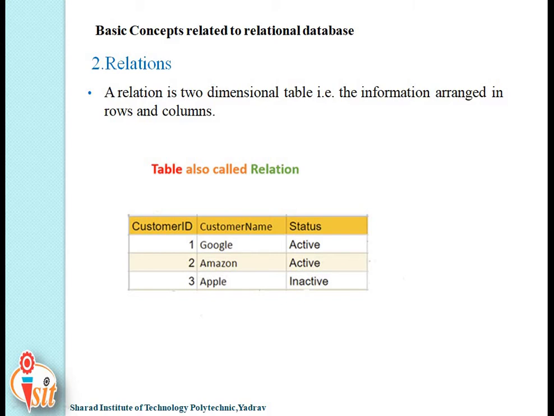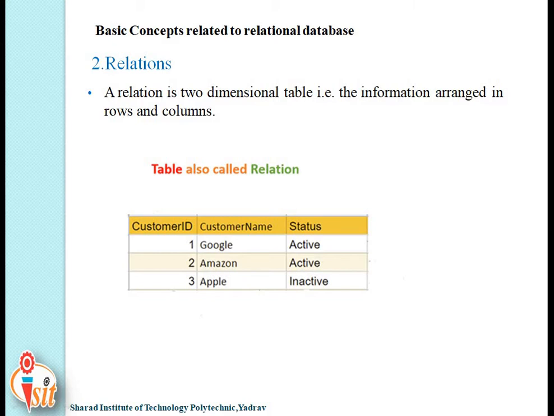A relation has various properties. A relation has a name that is distinct from all other relation names. The second property is that a relation contains exactly one atomic, single value in each cell. Next, each attribute has a distinct name.